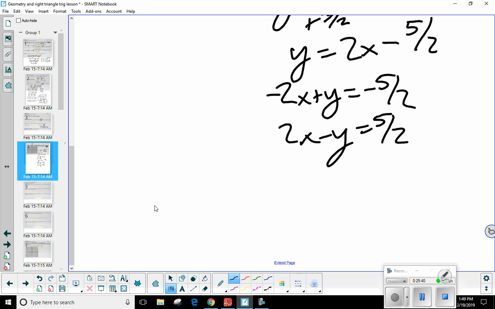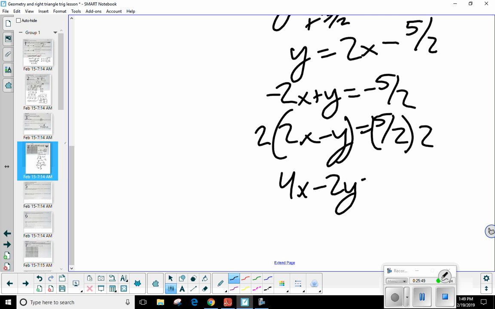See, so we just multiply both sides by 2. It'd be 4x minus 2y is 5. Okay. And then it says put my answer in ax plus by plus c equals 0. So you could pull that 5 back over if you wanted to.